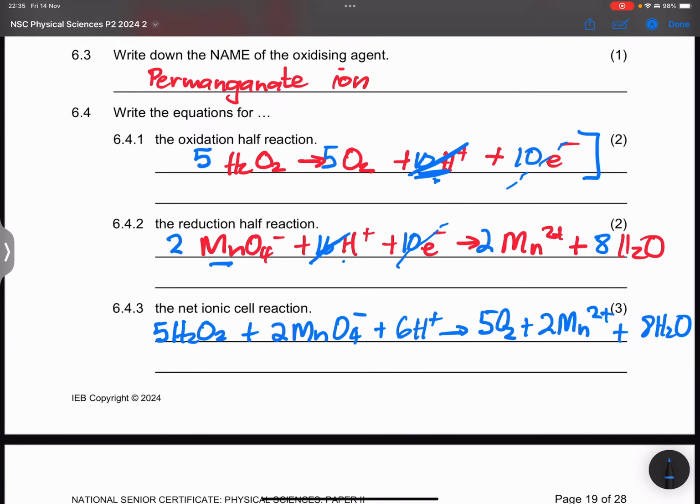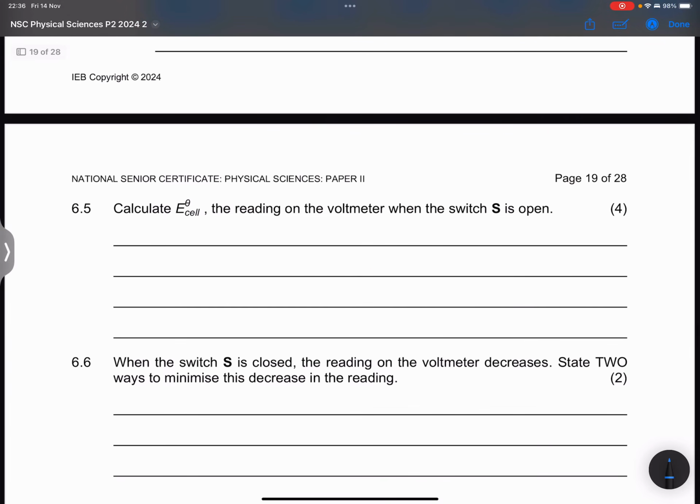Okay, right. Now let's go on to the next question. They say calculate the E cell, the reading on the voltmeter when the switch is open. So remember, all we do is E cell, that's standard cell, that's E cathode minus E anode.